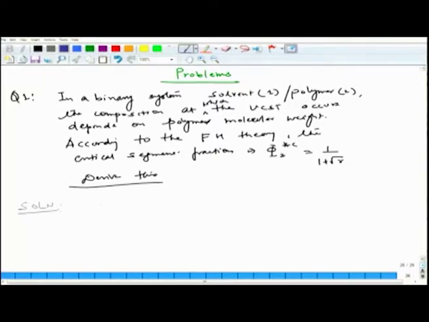So, let me write the expression of activity based on the Flory-Huggins theory. This is something which you can write. And this particular question is from the textbook.